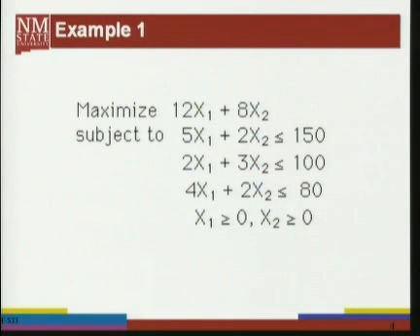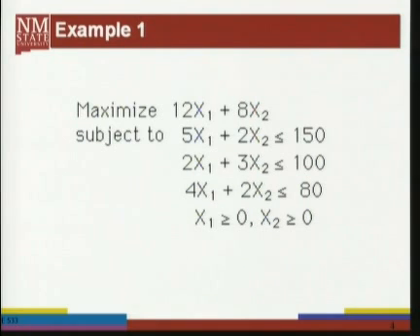Okay, then let's consider a simple LP problem like this. I've mentioned before the simplex algorithm can be used to solve any LP. The given LP must be converted into the standard form, right? So to convert an LP into the standard form, like I said, for each less than or equal to constraint, we should introduce a slack variable, right?